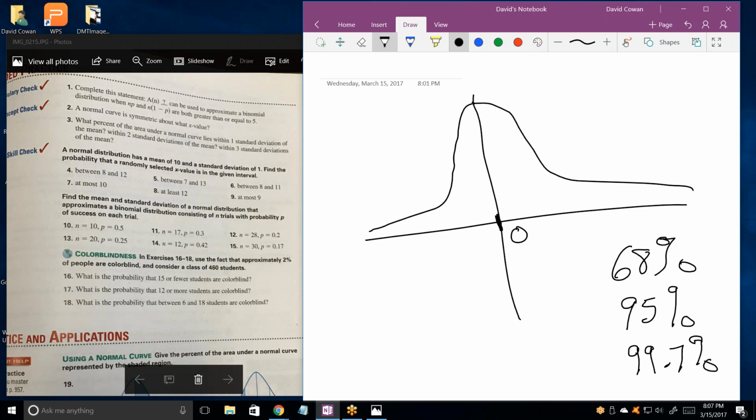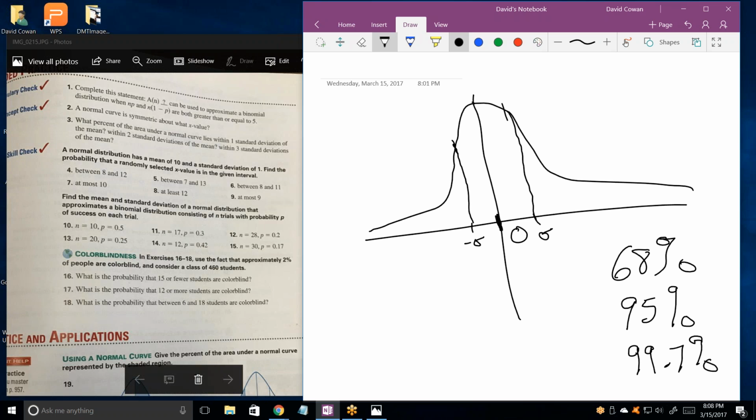If I go 1 standard deviation to the right, and I go equidistant to the left, this amount of area, they're supposed to be symmetrical, would represent 68% of the area under the entire bell curve. Yeah, that makes sense.